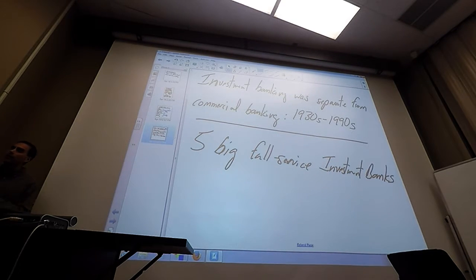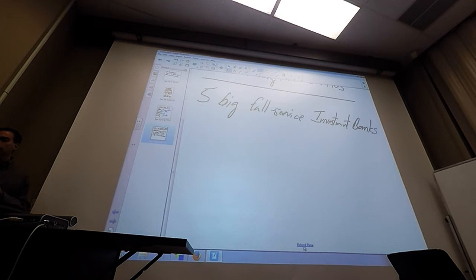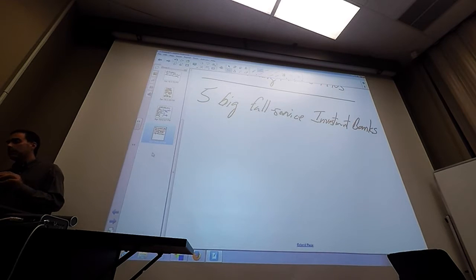But there were these 5 big investment banks, and they were really pure investment banks. They didn't do commercial banking at all because of the way that was separate in the U.S. So everywhere else in the world, you had big commercial banks that did investment banking, but here you had 5 big investment banks.